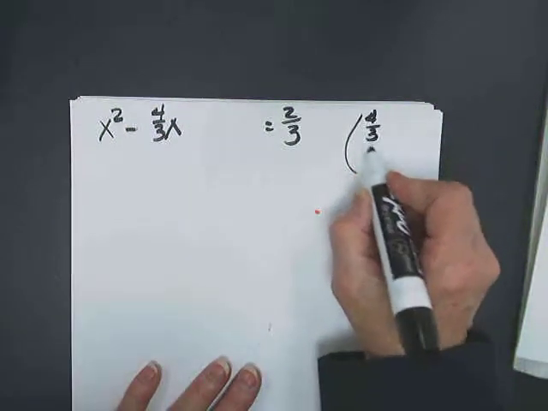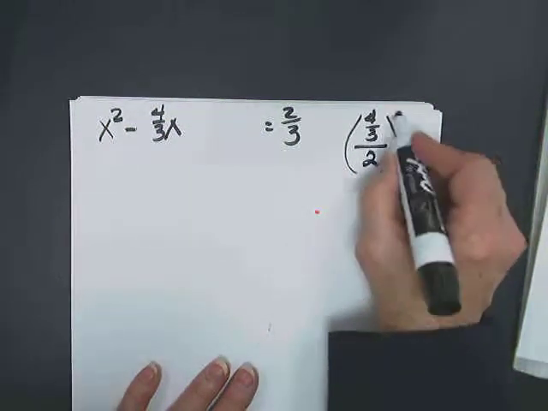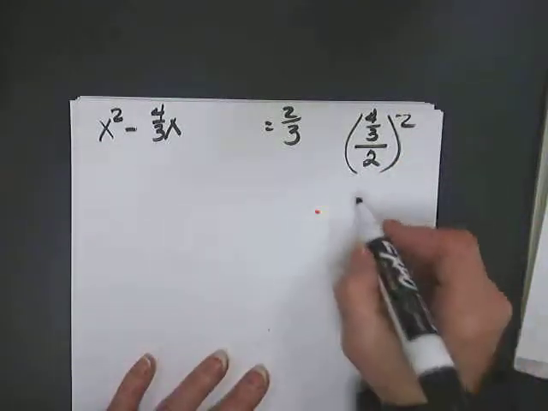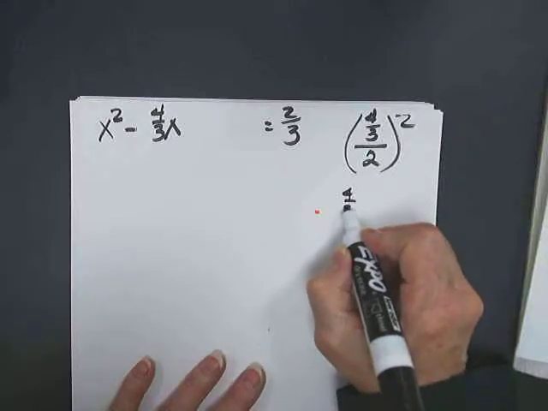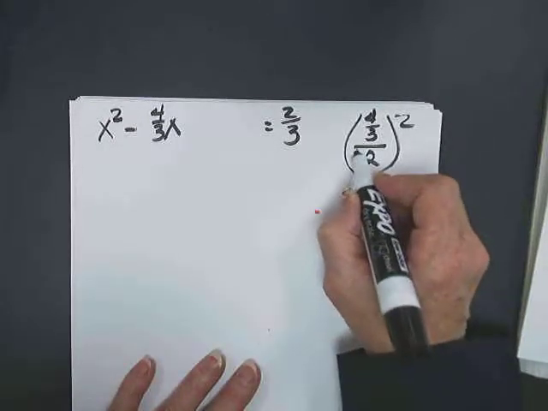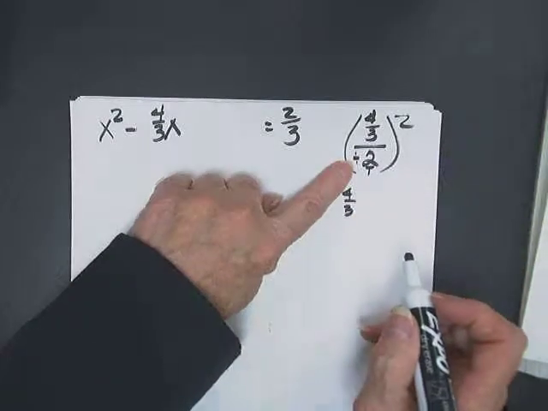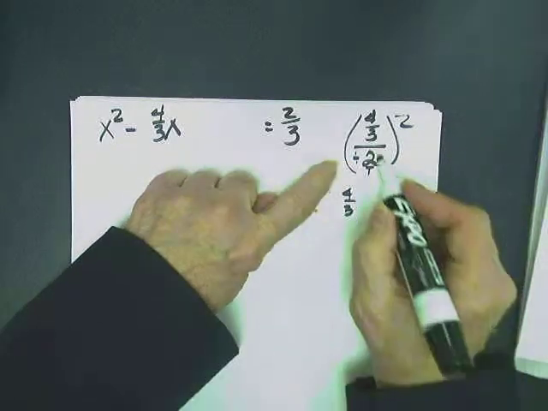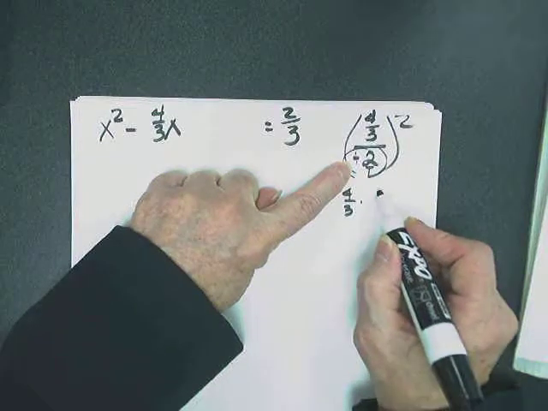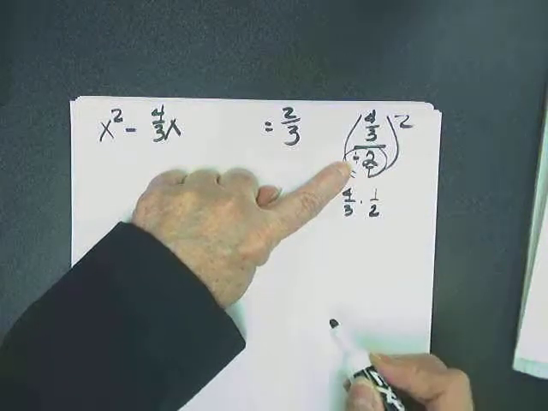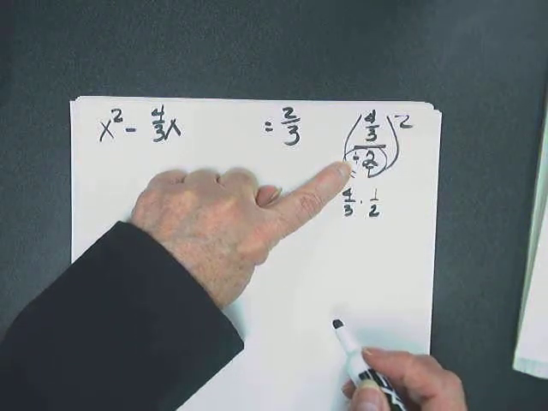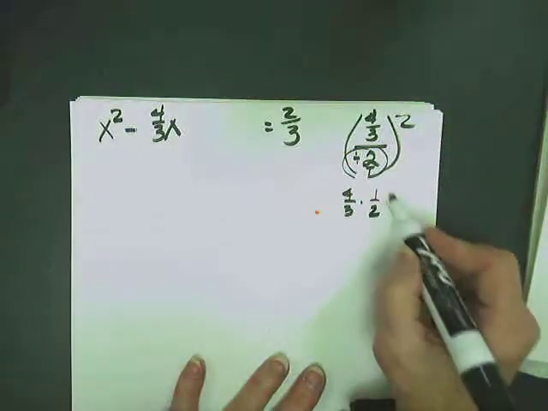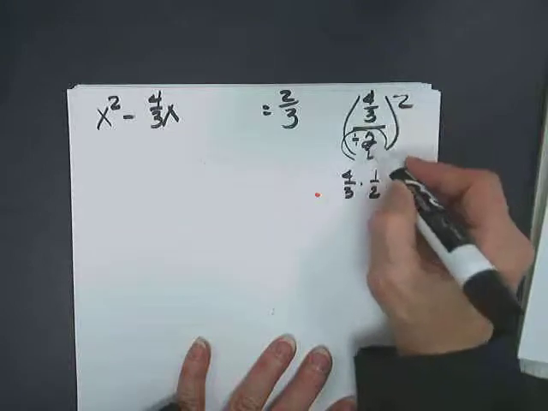Okay, another one of those, real challenging maybe. Because you'll get challenging ones on your homework, so you might as well, huh? X squared minus 4/3 x equals 2/3. So b is 4/3 divided by 2. What is 4/3 divided by 2?